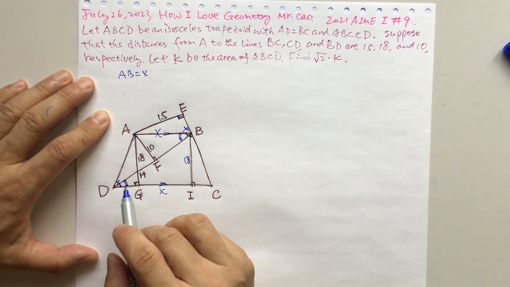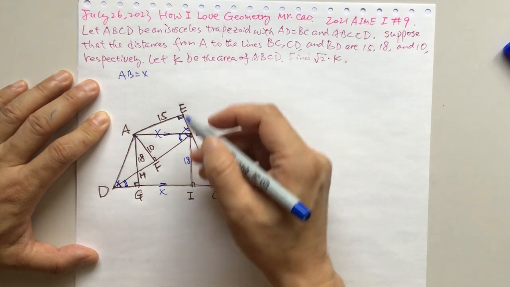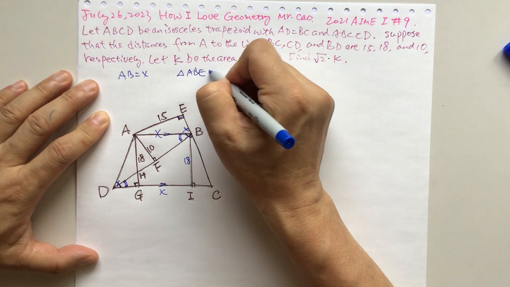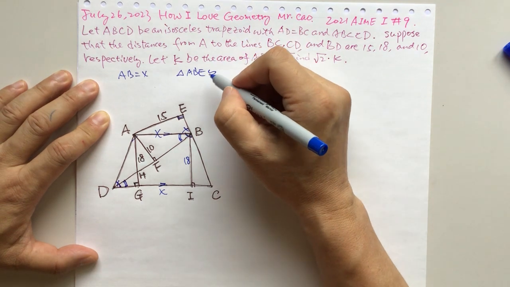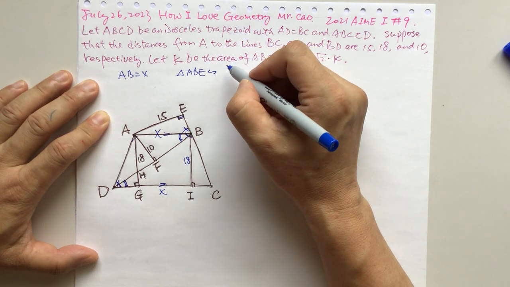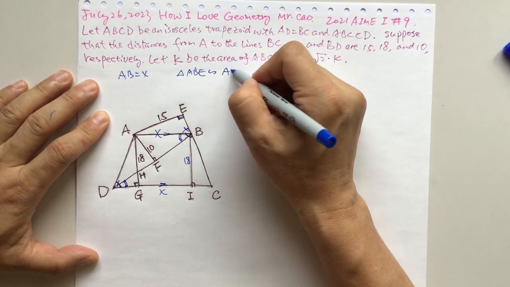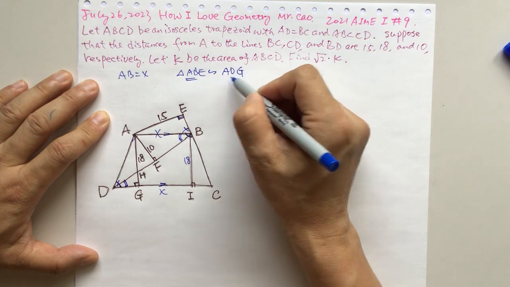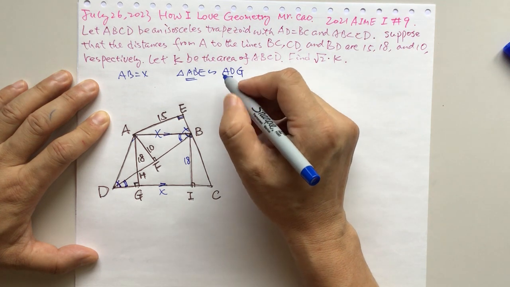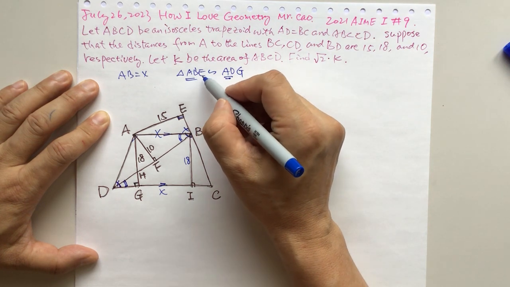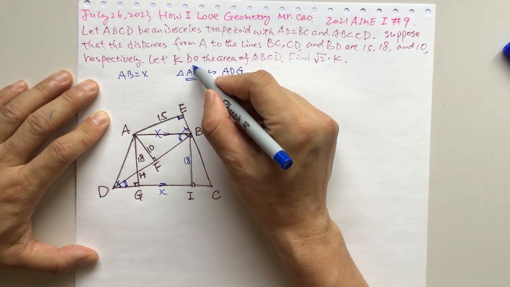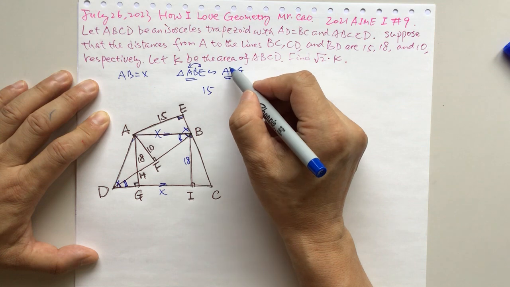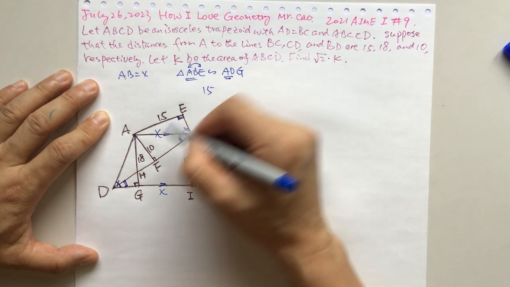Yeah, let's go. So triangle ABE is similar to triangle ADG, right? Then we get the corresponding sides AB and AD. AE we know is 15, and AG is 18, right?